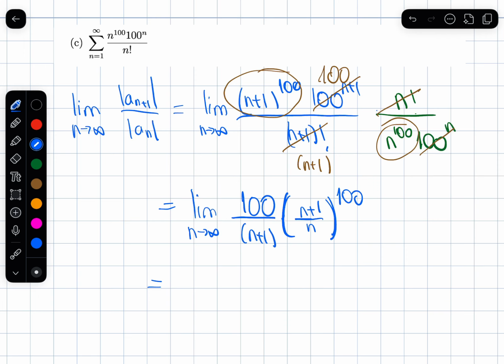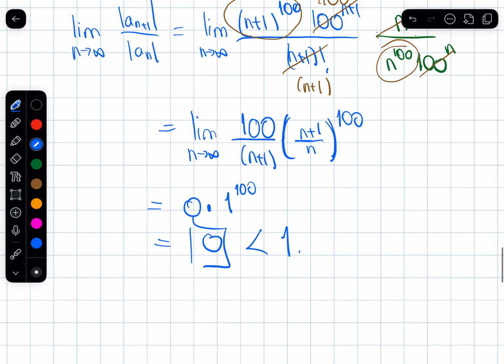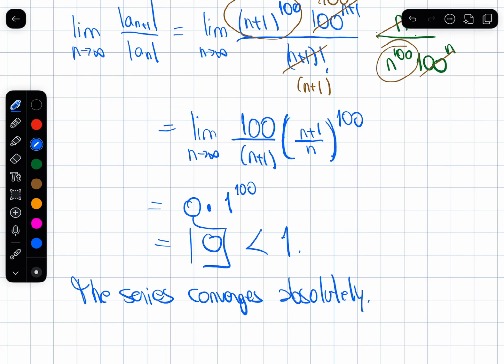So this is 0, 100 divided by infinity, times this, which is 1 to the power 100, which is just 1. So the limit is 0, which is still less than 1. So the series converges absolutely. Pretty interesting, huh?